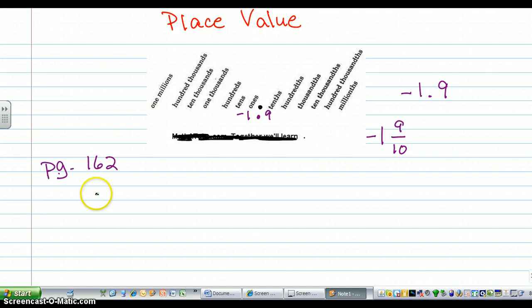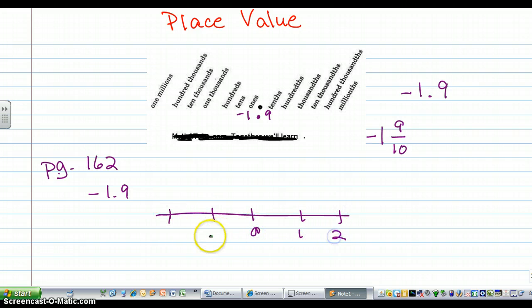So if I was to take this negative 1.9 and you had to graph it, okay, so if I have 0, 1, 2, this is negative 1, negative 2, I would go to negative 1, and then I have to keep going down that number line to 0.9, 9 tenths. 9 tenths is really close to 10 tenths, isn't it?